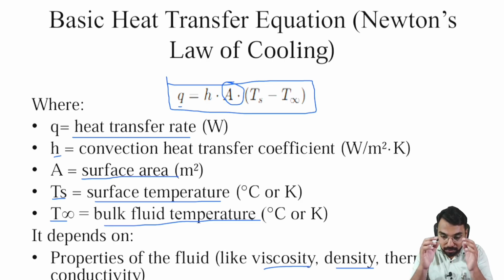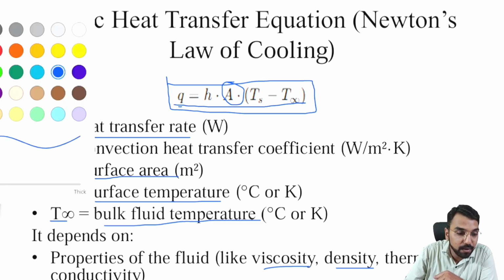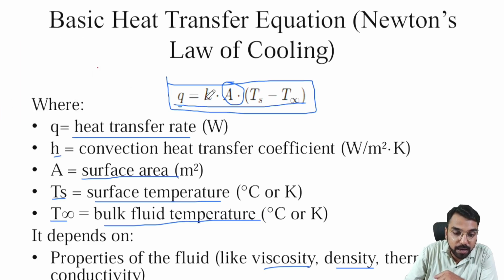Think about Newton's law of cooling formula: whenever the H value is more, the heat transfer is also more, because they are directly proportional. So heat transfer is directly proportional to the convective heat transfer coefficient.